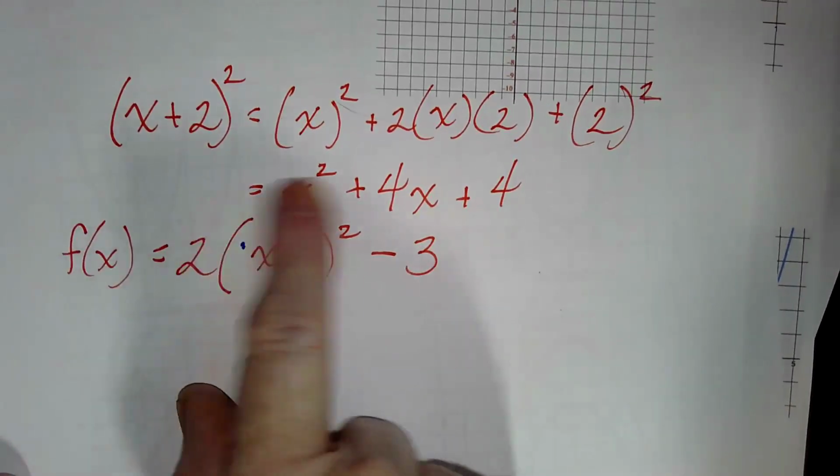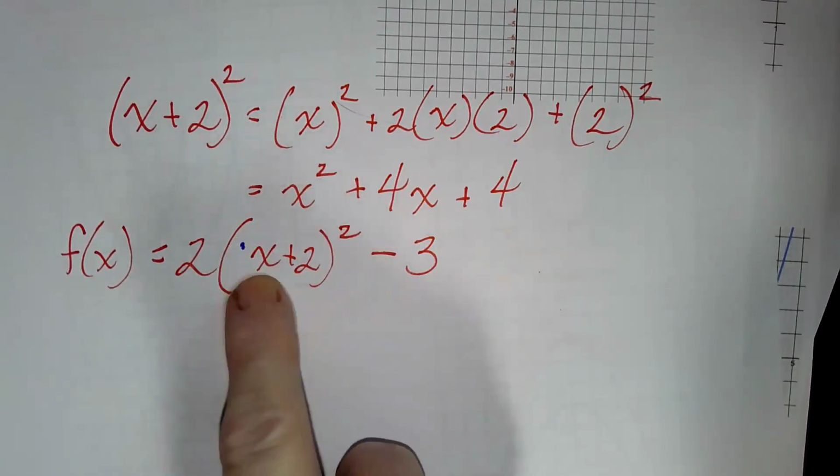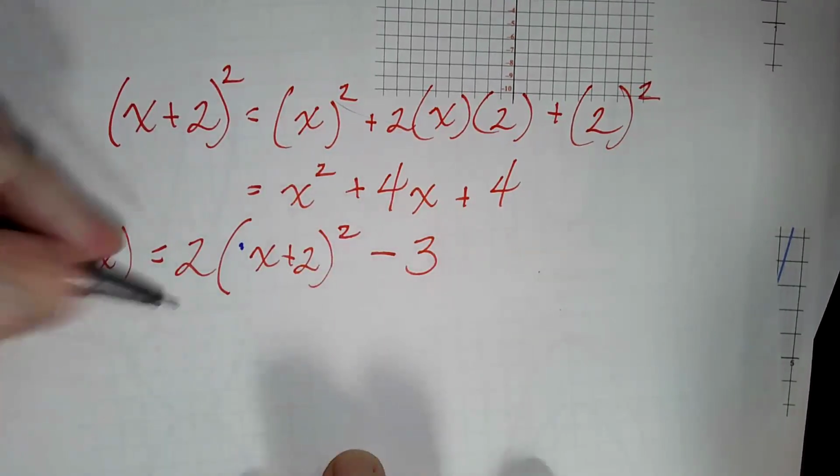So we're going to use this x squared plus 4x plus 4 to replace the (x plus 2) all squared.